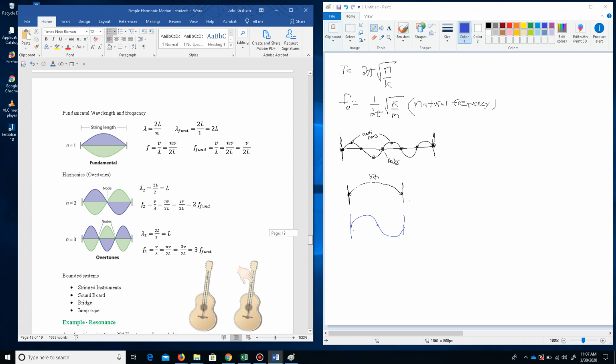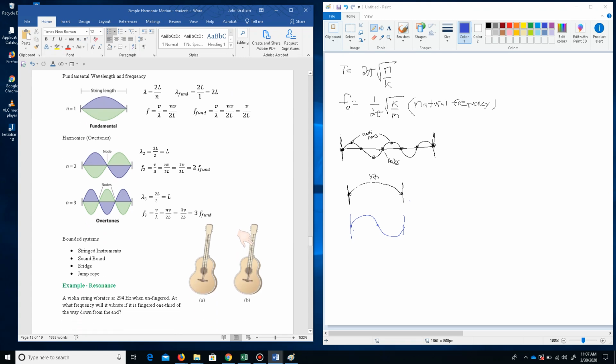So what we do is we look at these as different harmonics, is what we'll call them.